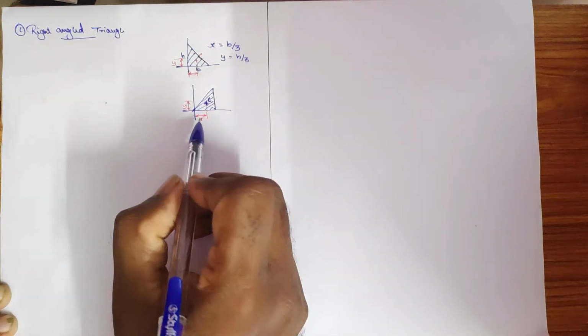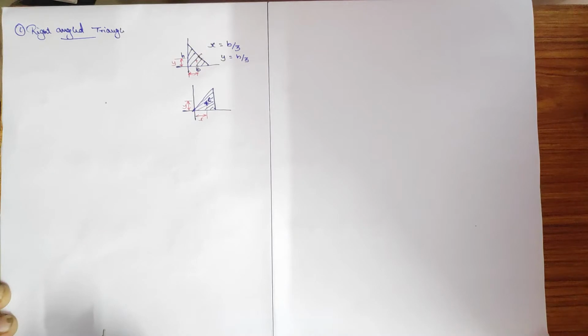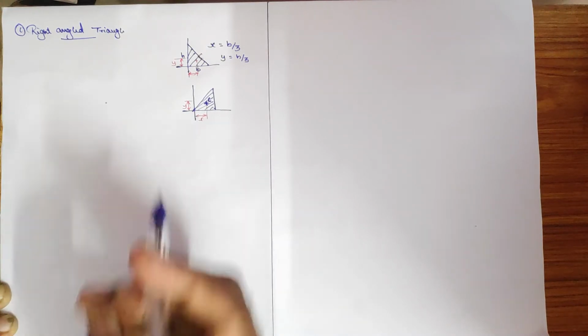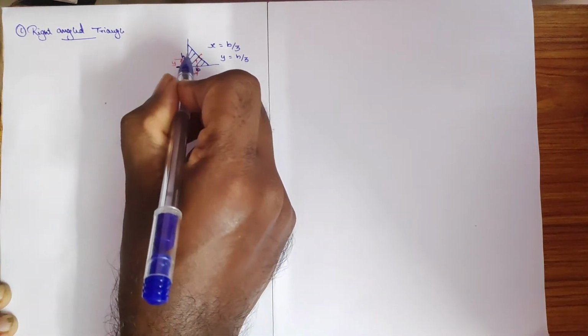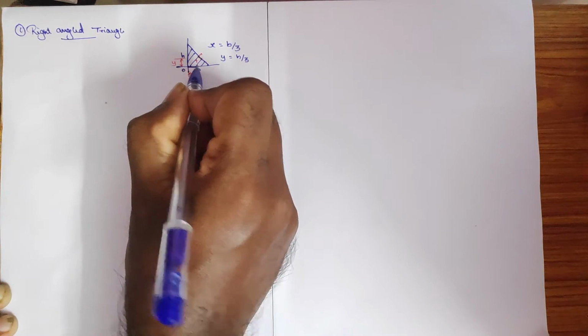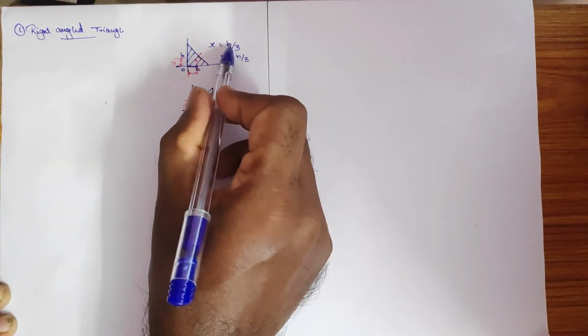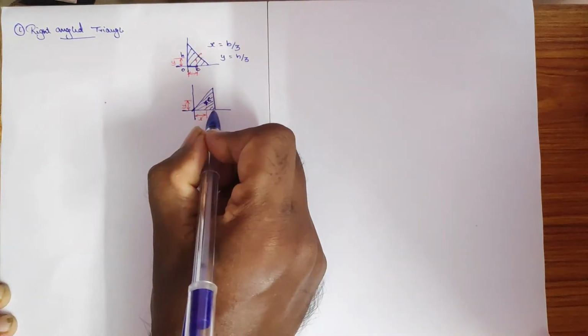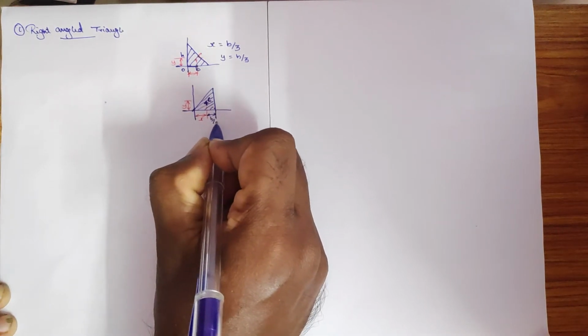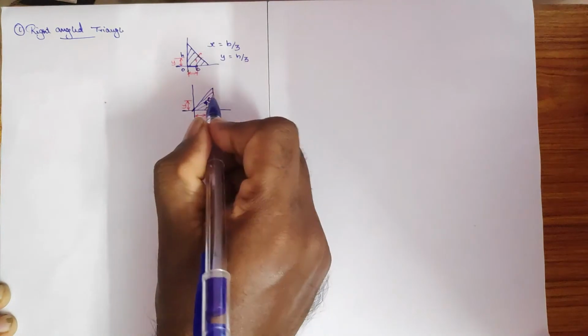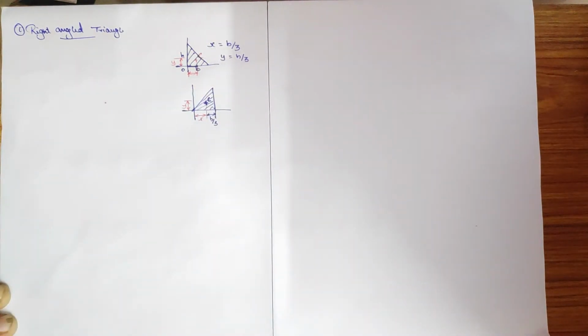So how will you find it, and what would be the x? Look at this. Already we know the formula. From this end, the x measurement is b by 3. So here as well, from this end it is b by 3.